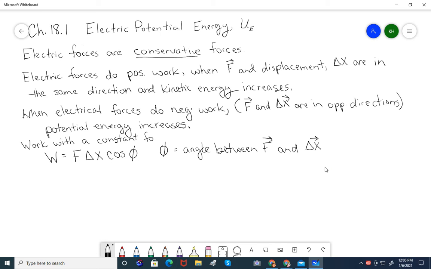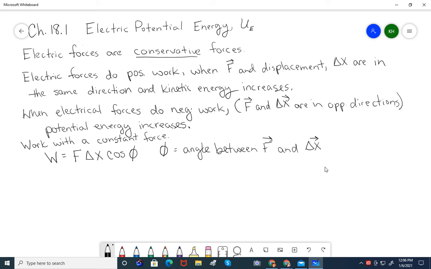We're not considering the fact that the magnitude or direction of the force might be changing in this case. We just say work is force times displacement. We're assuming this value for this force is not changing. Okay, how can we get a constant force if we're talking about electrical forces?